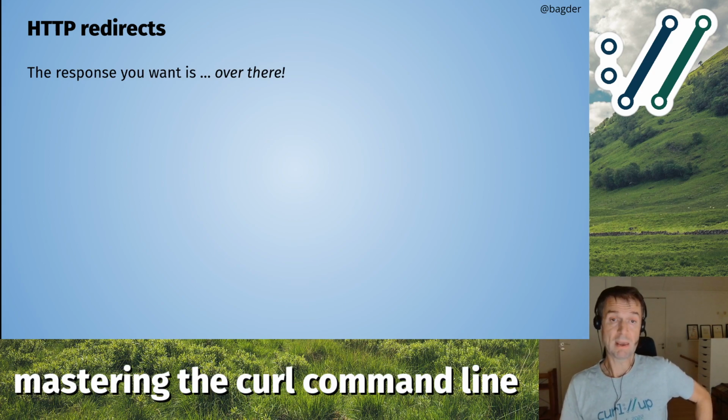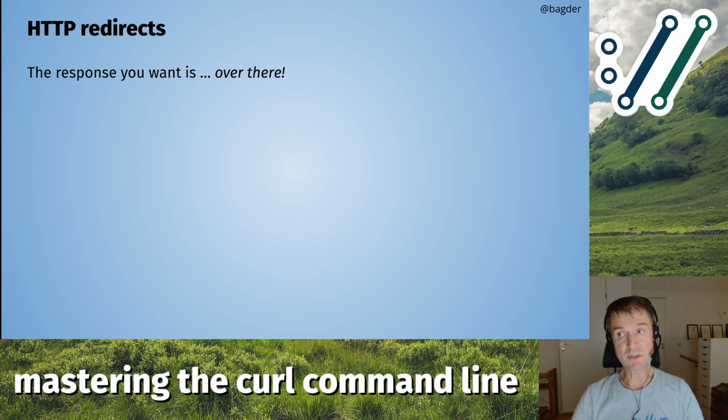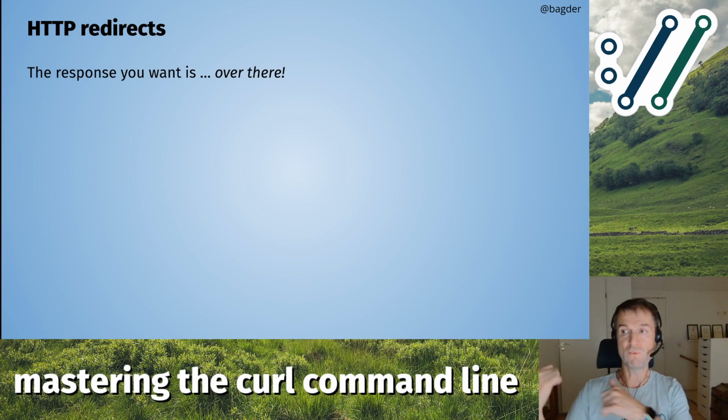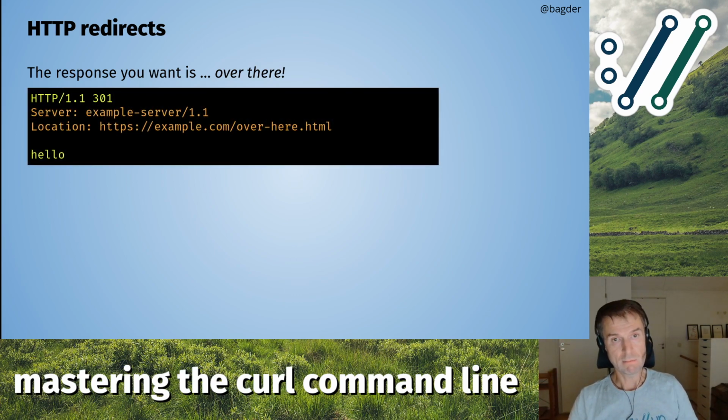And maybe this is not news to anyone, but HTTP also has this redirect concept. Instead of returning the data right now, it says it actually is not here, it's over there. It's a 30-something response code, in this case a 301, and there's a location header in there. So the location says it's actually over there now.